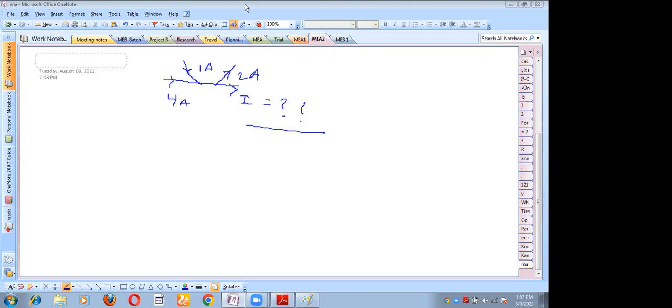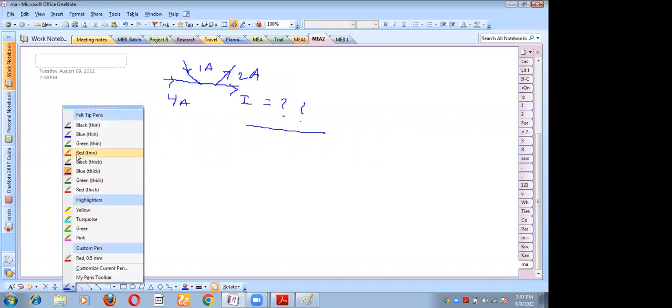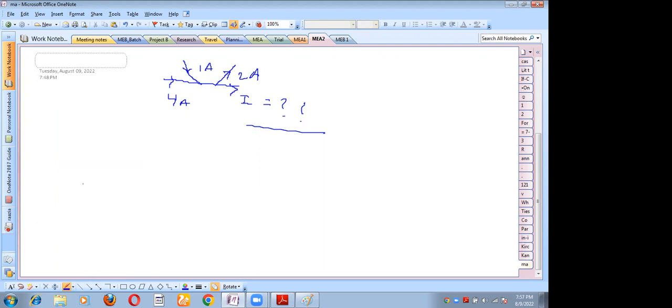You got 4 by 7. Let us see. This is 4 ampere, right? This is 1 ampere.